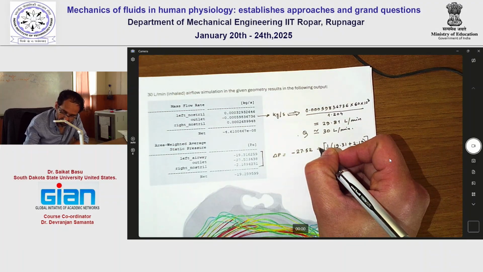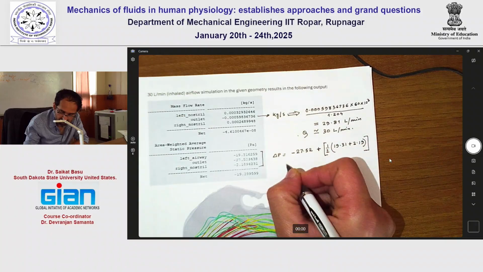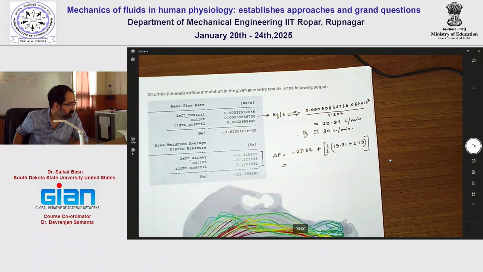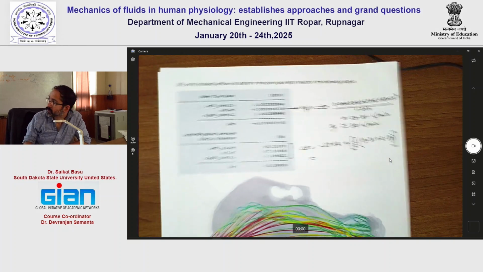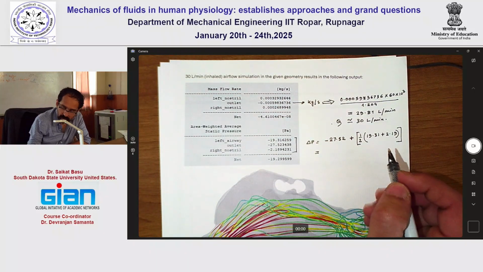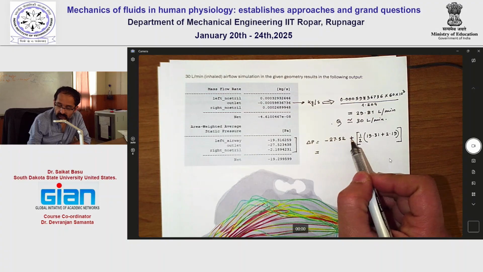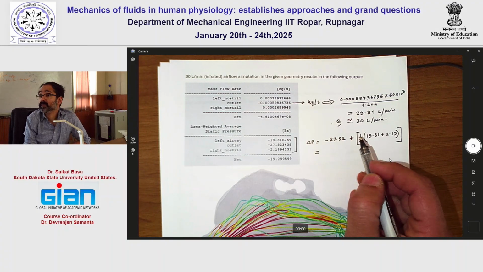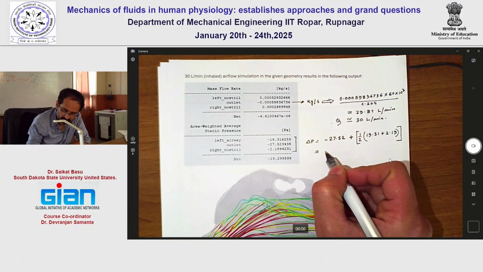Actually, this would be plus, right? Because you are going to get the delta P. So what would be this number? Minus 38.27. No, there's a plus sign. Yeah, minus 16.78.